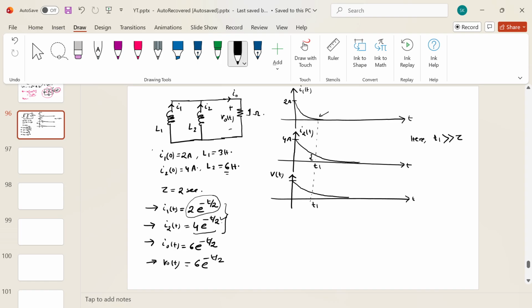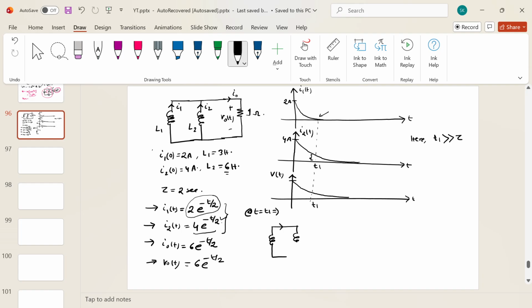Now I want to draw the equivalent circuit at t equal to t1. At t equal to t1, you got some zero current. So zero current is flowing in this inductor, maybe in this direction, at t equal to t1.